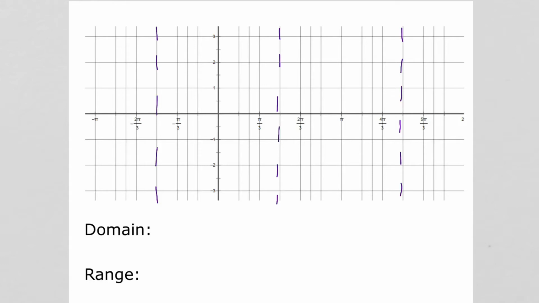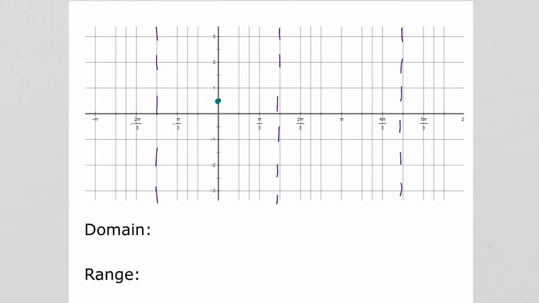Now the point of inflection is going to be halfway in between our asymptotes. So halfway between this one and this one is at the origin. Only there's a little bit of a difference here because of that vertical shift. So the vertical shift makes it move up from the origin 1/2 of a unit.